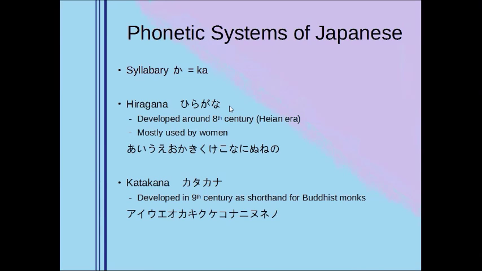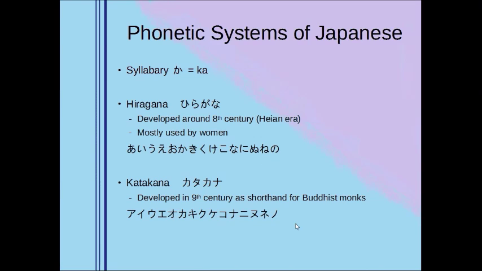Hiragana was really the first attempt to adapt Chinese to a Japanese language system. It was developed by simplifying the cursive style of Chinese, and here's an example here. It's phonetic, so it was very easy for women to learn. Great books such as The Tale of Genji were written almost entirely in hiragana.